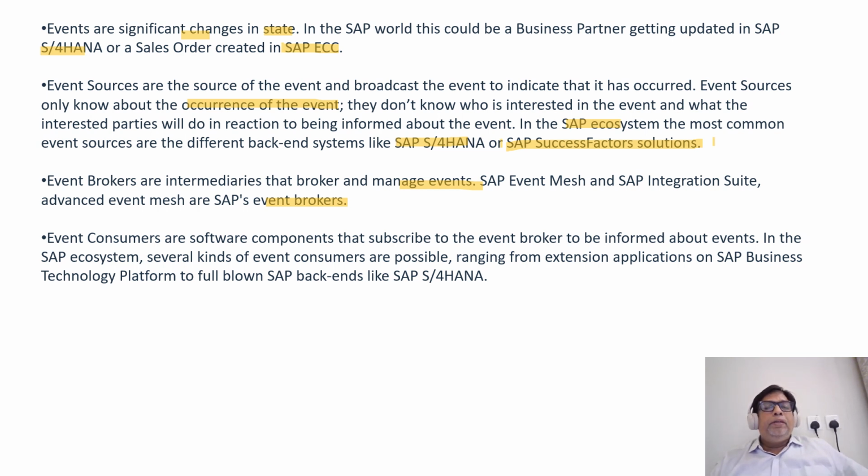Consumers, or software components, the subscribers of event brokers, are informed about the event. Consumers are those who consume the event, that means the message receiver. In the SAP ecosystem, several kinds of consumers are possible: extension applications, the SAP technology platform, and full-blown SAP like the SAP S4 backend, mostly S4, business technology platform BTP, or S4HANA.